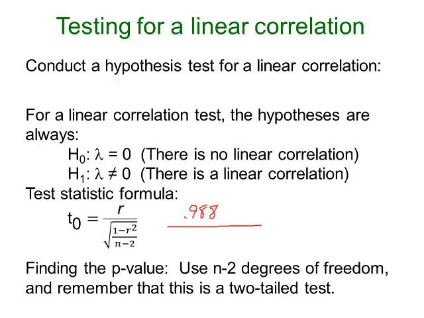So we've got 0.988 up there, and then here we're just putting in the 0.988 for R down here also. And then down here we're putting in the N, which is 6. Okay, so calculating that, I got 12.8 for my test statistic.